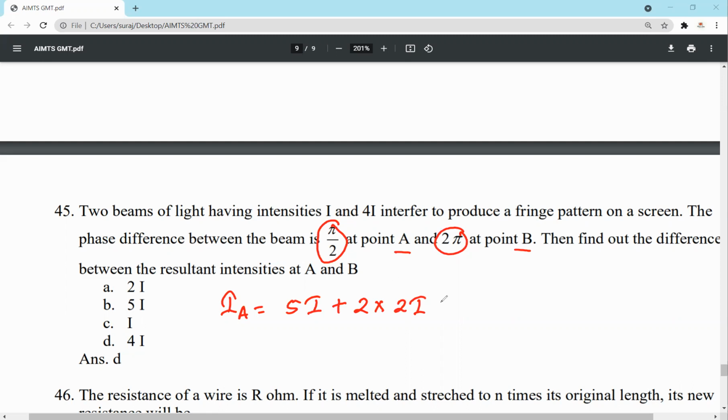Phase difference is given, cos 90 is 0. So this is 5I. At B, I1 plus I2 plus 4I cos 2 pi. Cos 0 is 1.